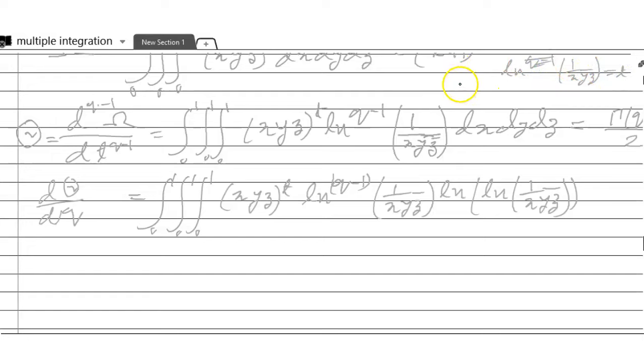So according to the formula, t to the power q minus 1, so dt by dq is equal to t to the power q minus 1 into log t. t is equal to ln of 1 by xyz.